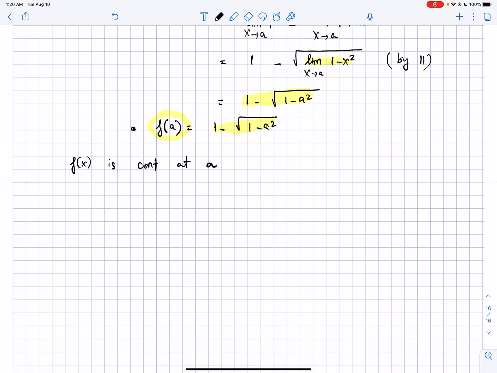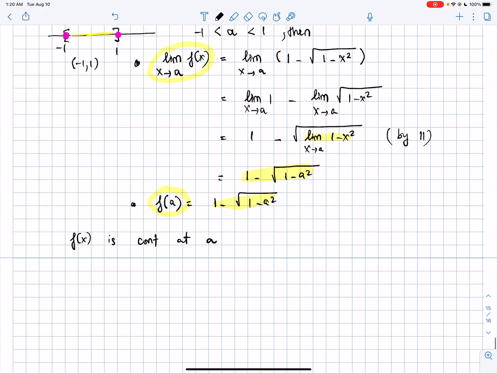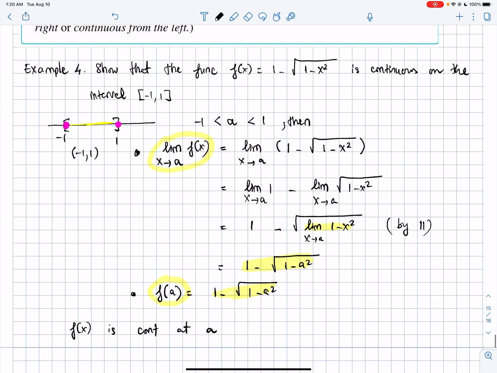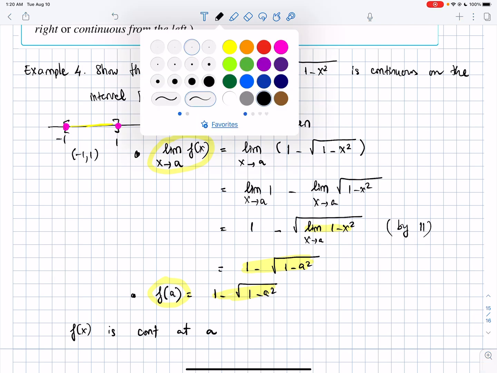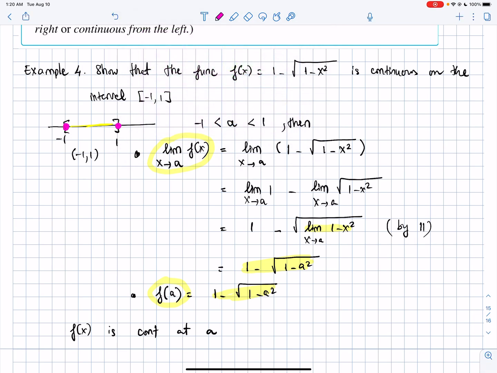Now we're going to check the endpoints. Going back to the interval, because our function is between -1 and 1, we want to know if it is continuous when we approach from the right-hand side of -1 and from the left-hand side of 1.